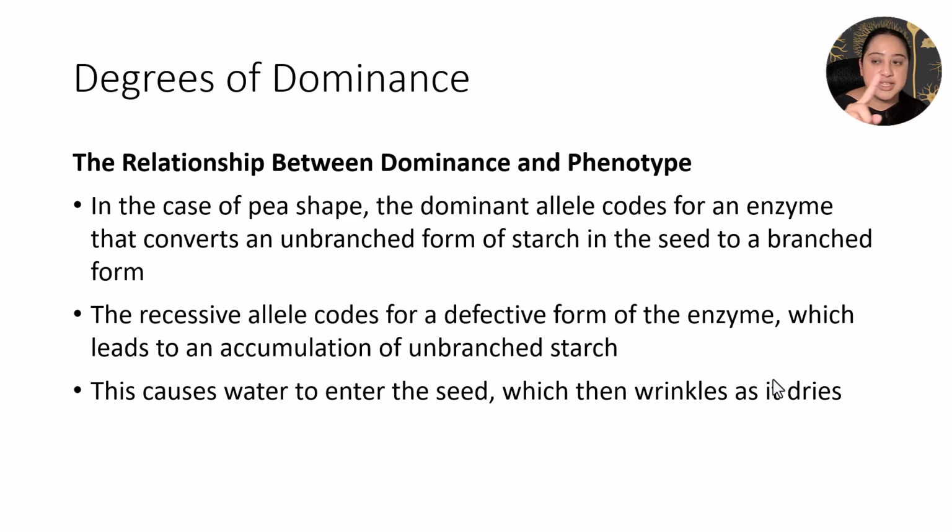And so that's what makes it smooth. And the recessive allele is for a defective form of the enzyme, which leads to the unbranched starch. And so that's why it's wrinkled. So kind of like the flower color example with that one slide about the chromosomes, there's something different that leads to these different phenotypes.